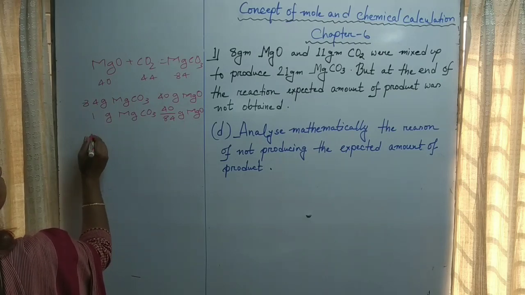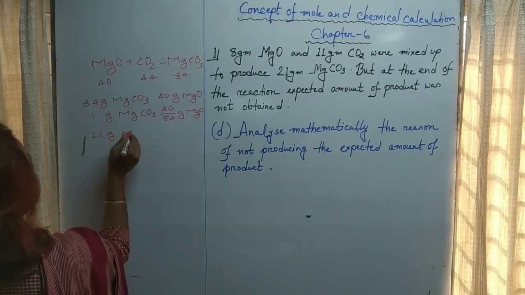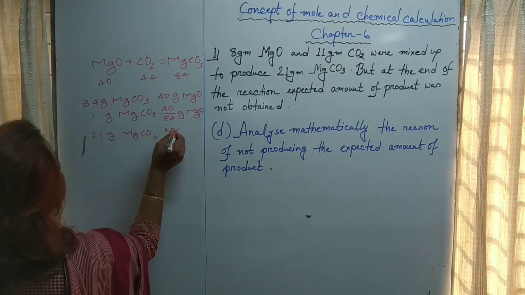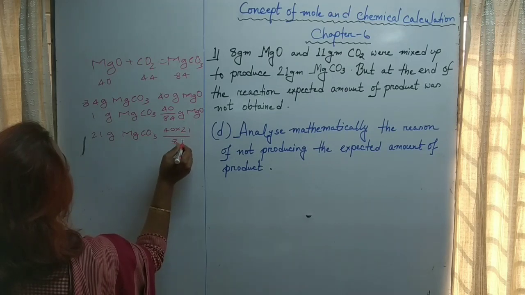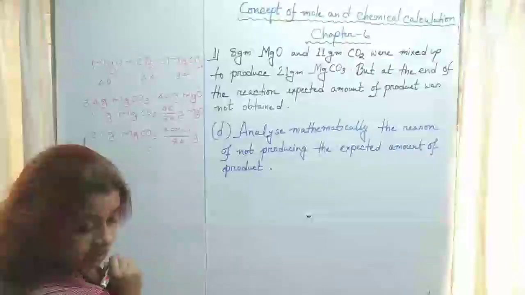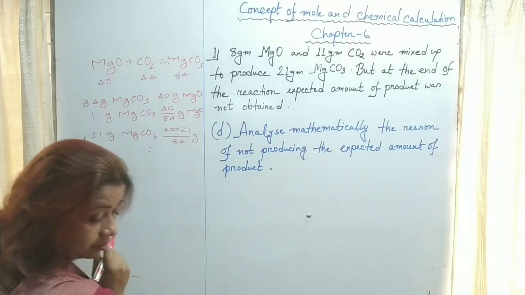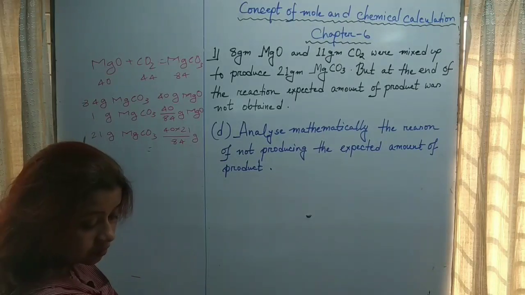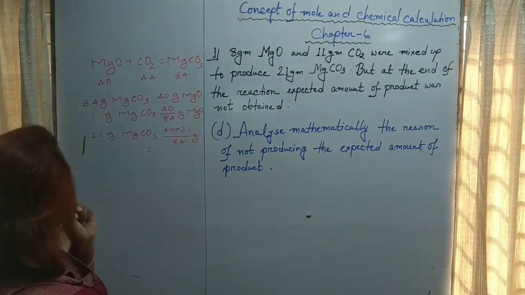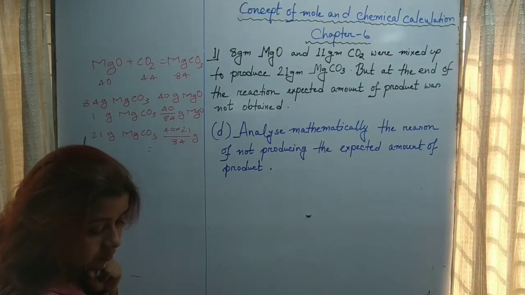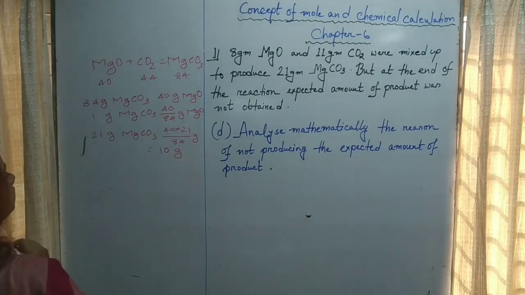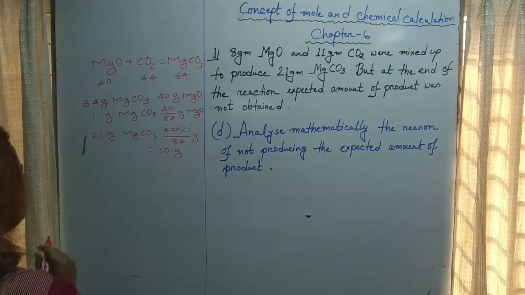Therefore, for producing 21 gram magnesium carbonate, this gram magnesium oxide is needed. It is equal to 10 gram. That means 10 gram magnesium oxide is needed.